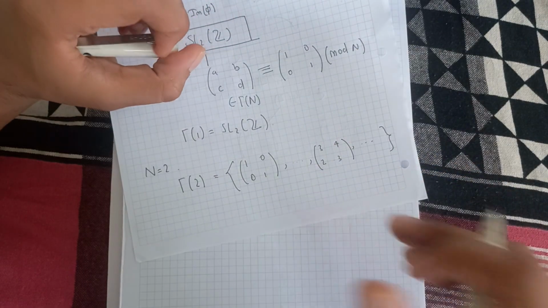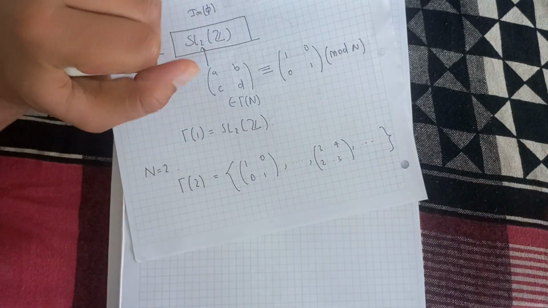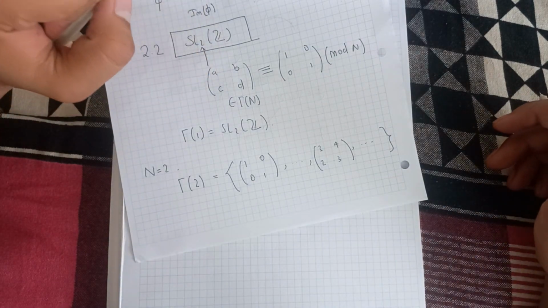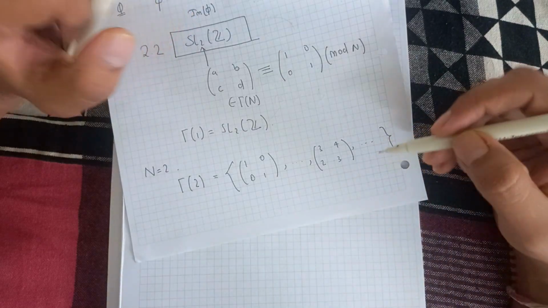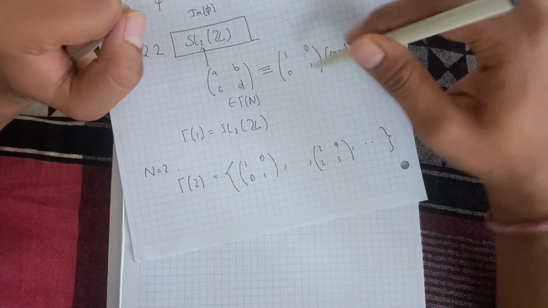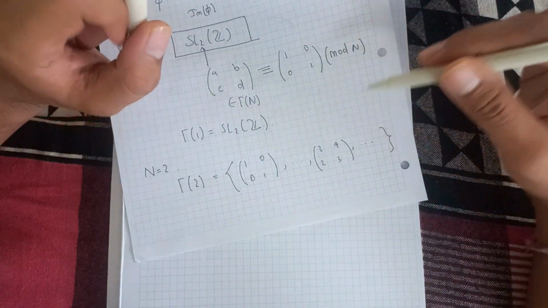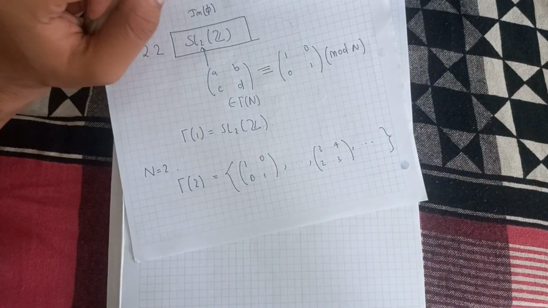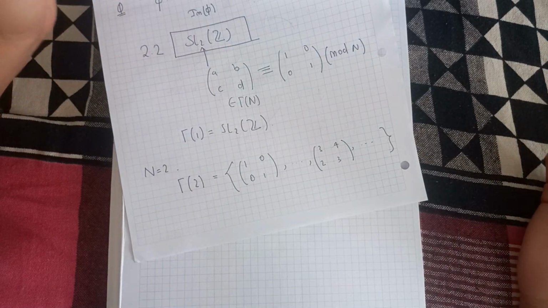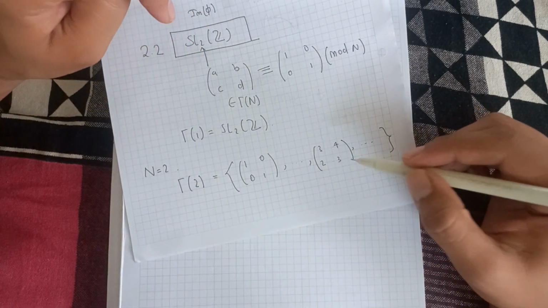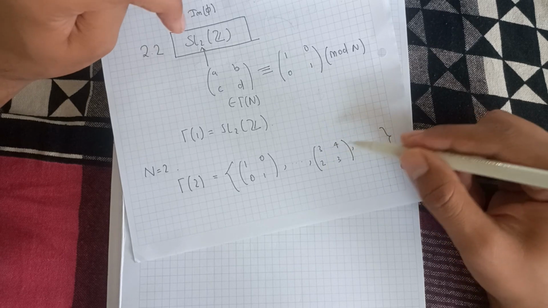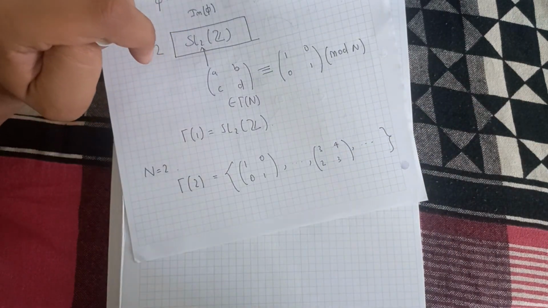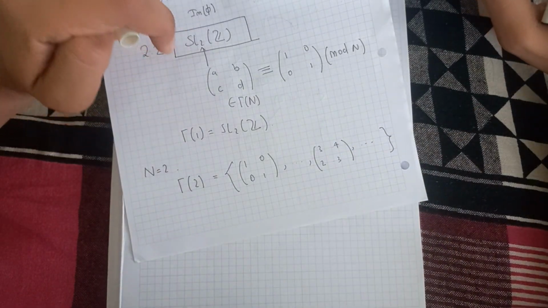The determinant should always be 1, which you should take care of, and they satisfy this congruence relation mod 2. Mod 2 these are 0 and mod 2 these are 1, so they satisfy the relation. And the determinant is 9 minus 8, which is 1, which is what we want it to be.